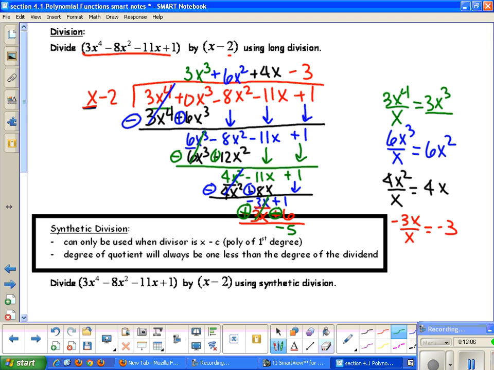Now, because negative 5, its degree, is lower than our divisor, which is x minus 2, I know I can stop, and this becomes my remainder. So I have a remainder of negative 5.